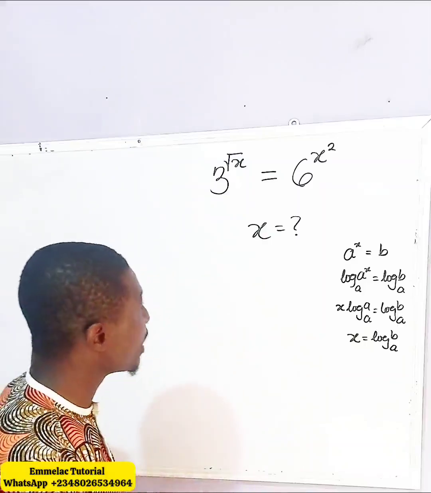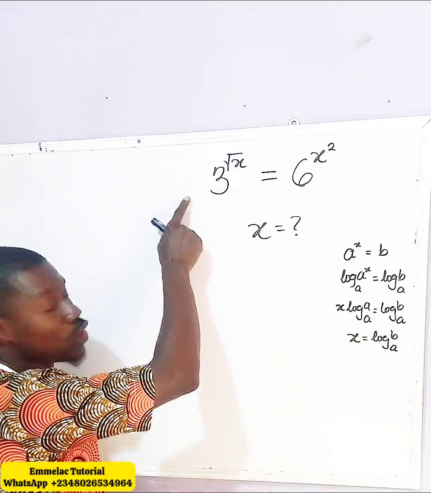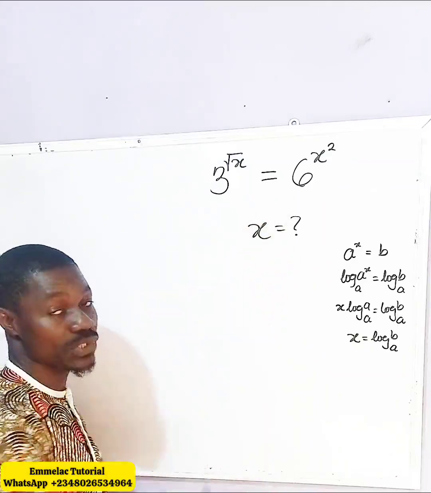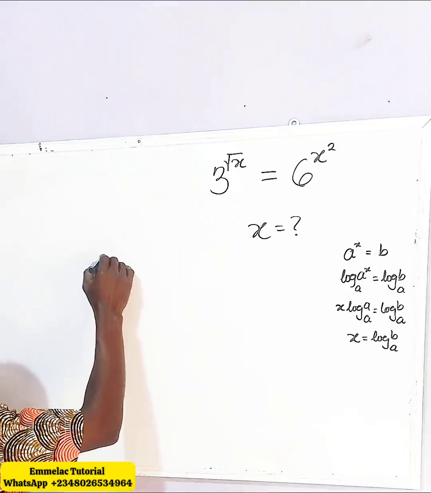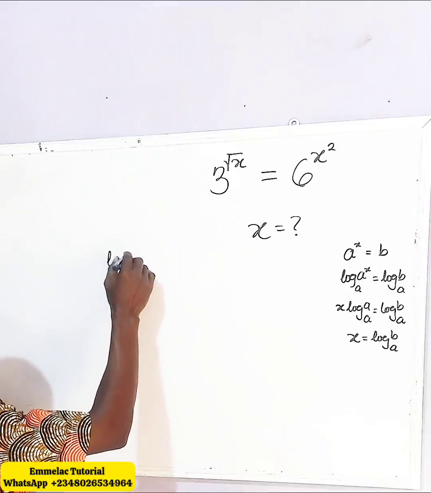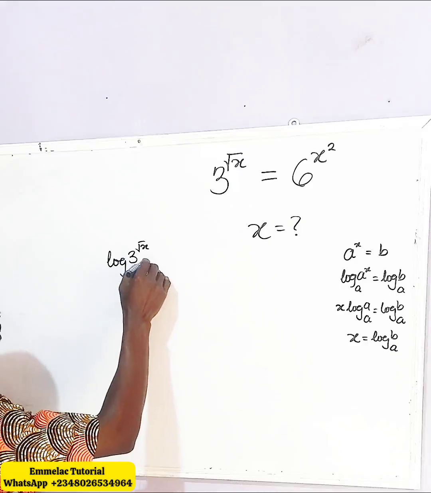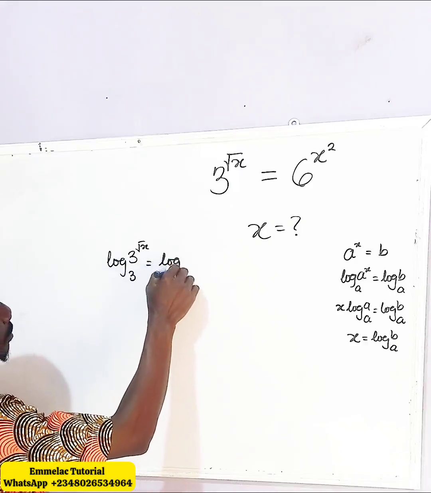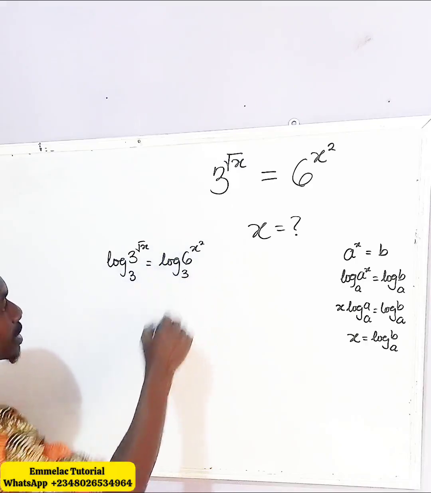Let us apply this rule here, which means I'll be applying log base 3 to both sides of the equation. So let's say log 3 raised to the power of square root of x base 3 equals log 6 raised to the power of x raised to the power of 2 base 3.